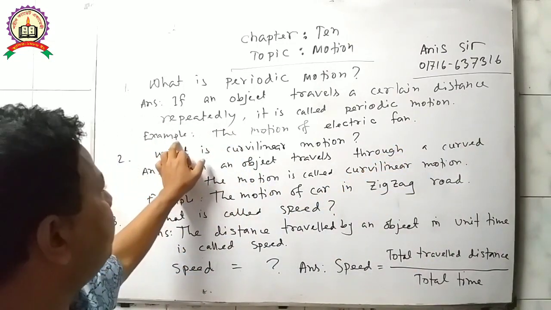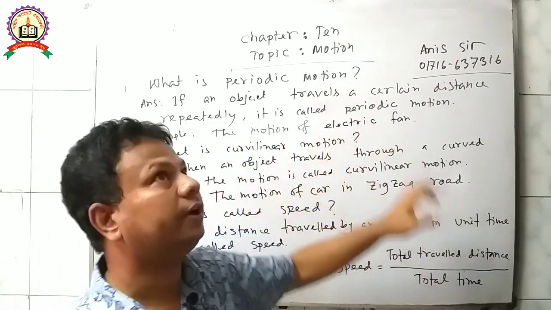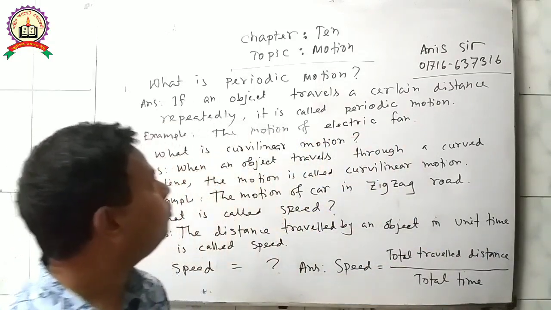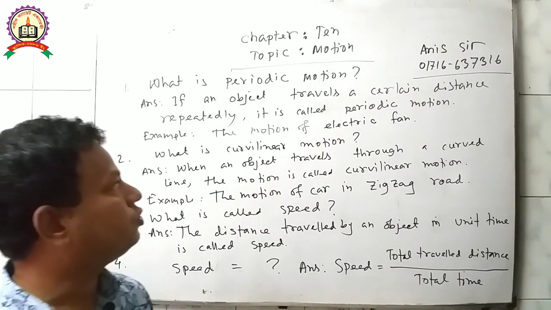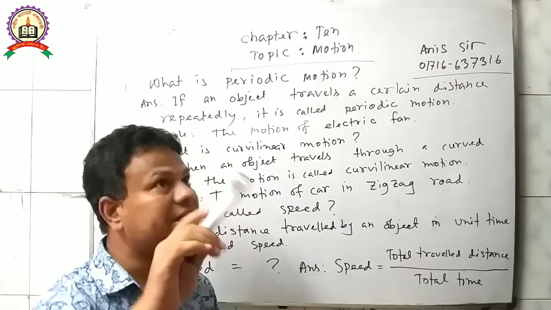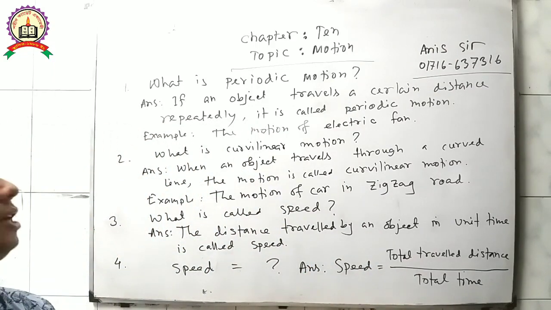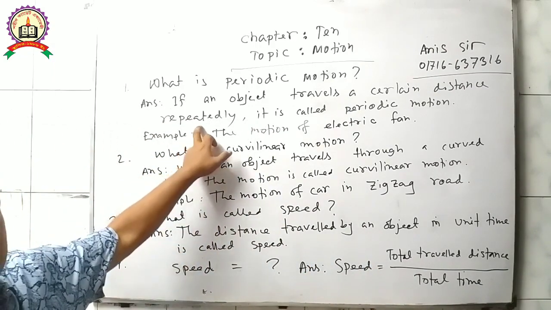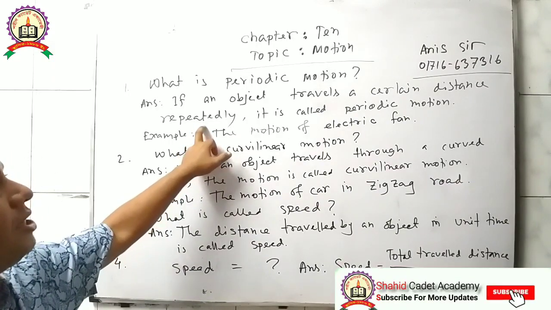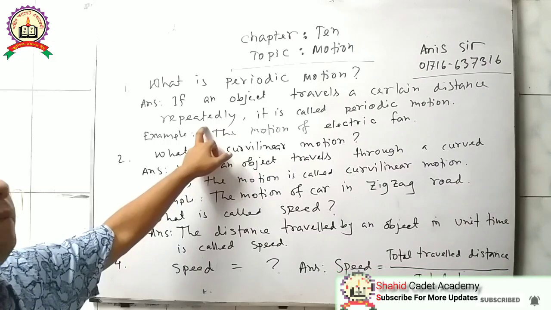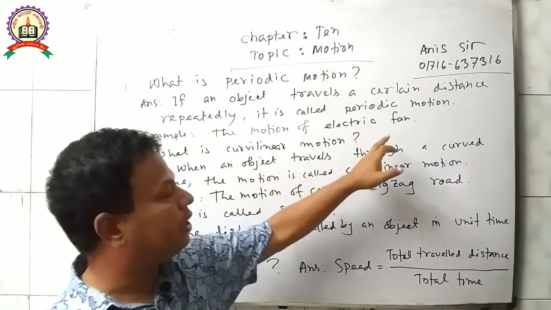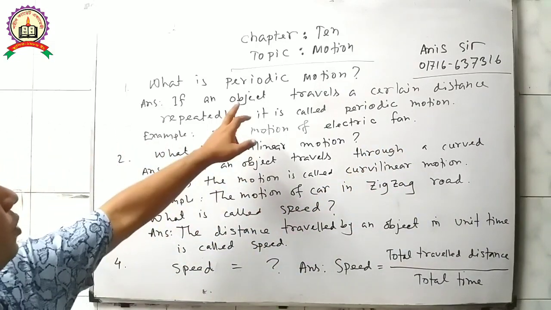For example, the motion of an electric fan. It is called periodic motion because the electric fan travels within a certain distance and repeats within that distance. So the motion of an electric fan is called periodic motion.